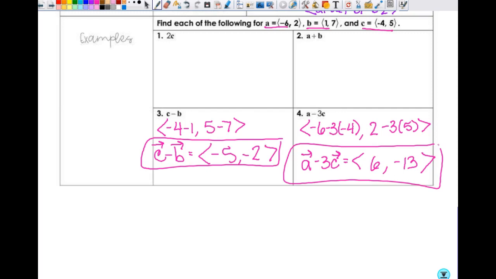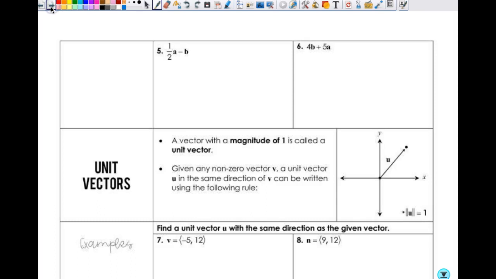All right, so flip it over on the back. You're going to do number 5. I'll write A and B up here again so you don't have to flip back and forth. A is negative 6, 2. B is 1, 7. So just do number 5.